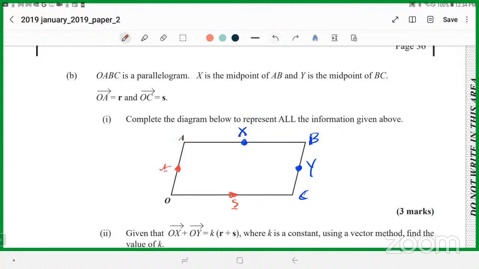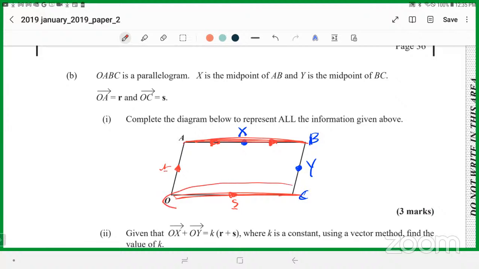So somebody tell me, what is the vector from O to X right here? What is that vector, OX? And what is the vector XB? It's a parallelogram, so this side and this side are equal and opposite. They are equal in length and they are parallel, so they are equal vectors.